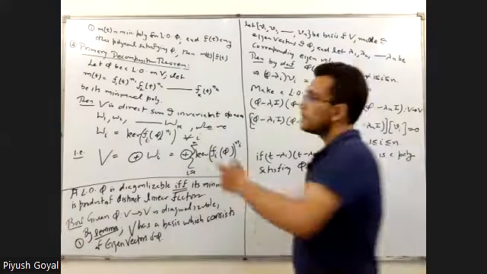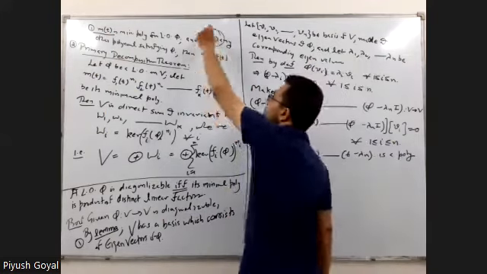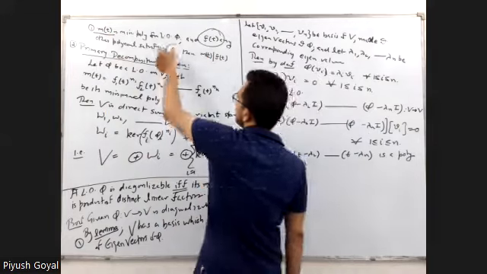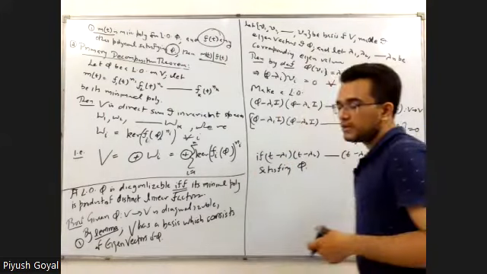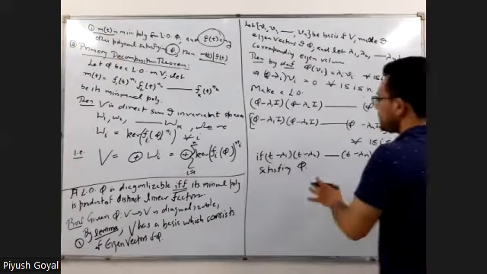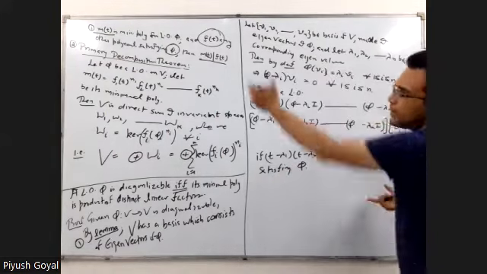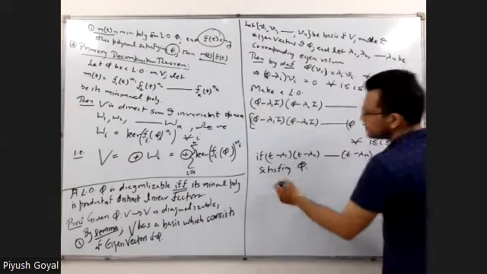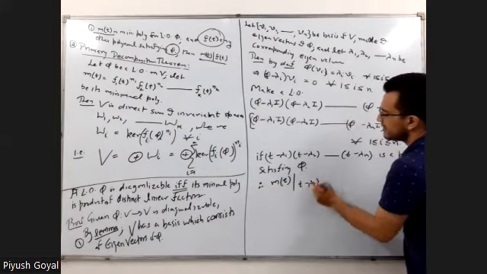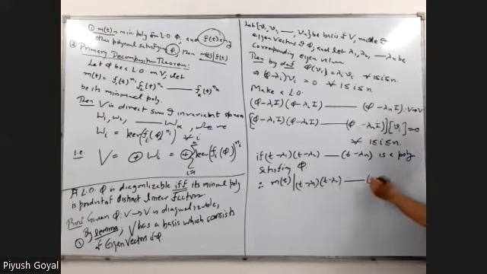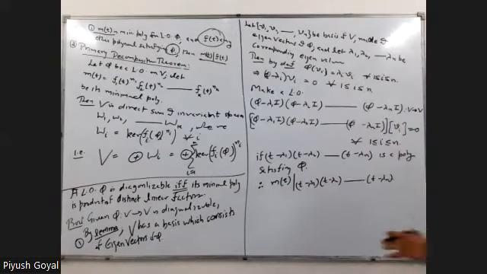And see, this is lemma 1: any other polynomial, if it satisfies phi, then it is divisible by m(t). So here you have this polynomial and it satisfies phi. So by this lemma, m(t) divides (t minus lambda 1)(t minus lambda 2)...(t minus lambda n). I hope this is clear to everyone. This is very easy.